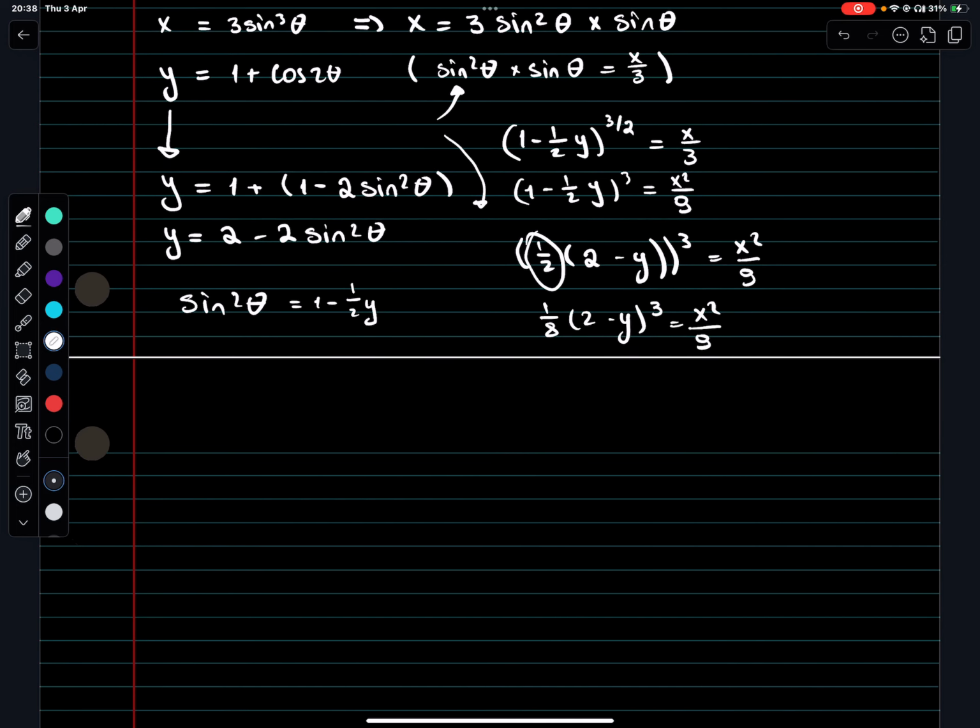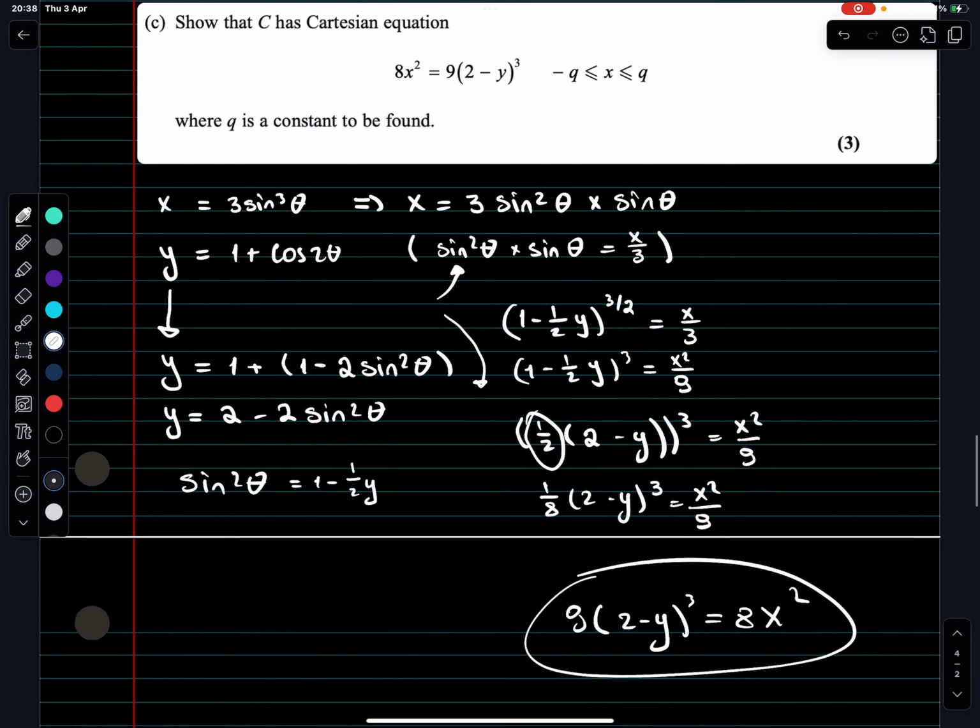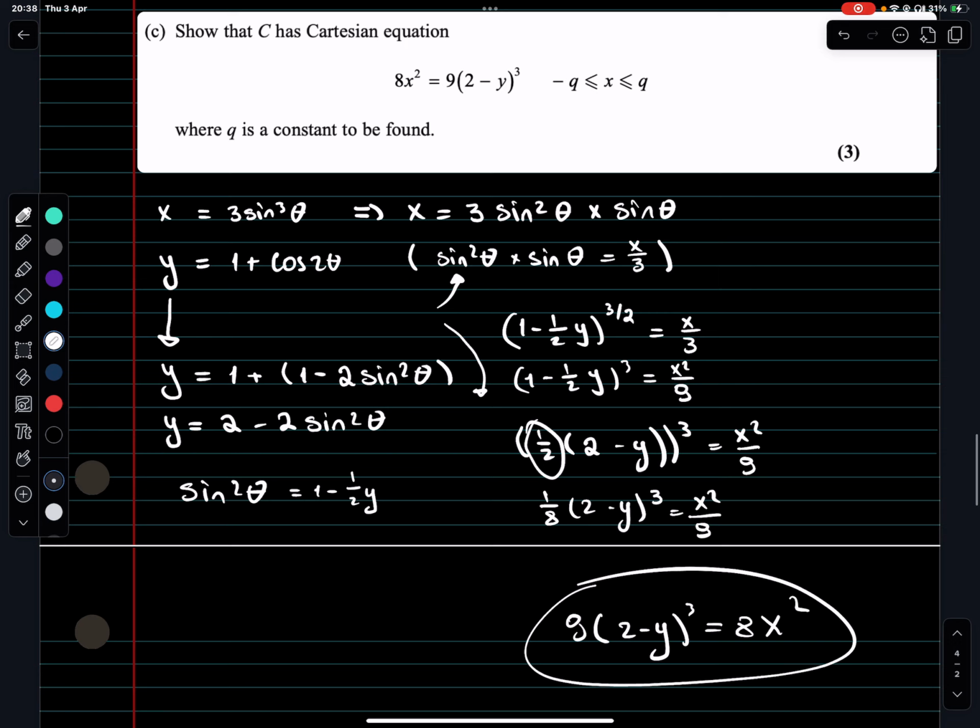Interchanging that, 9 times 2 minus y cubed equals 8x squared. So I believe that they want this form, 8x squared equals 9 times 2 minus y, altogether cubed. Okay, so here it is. That's done.